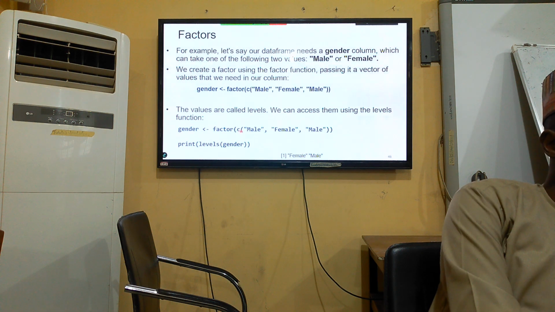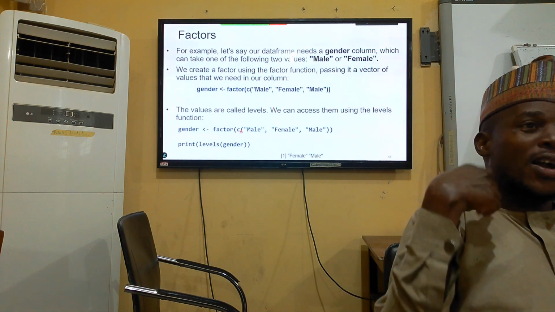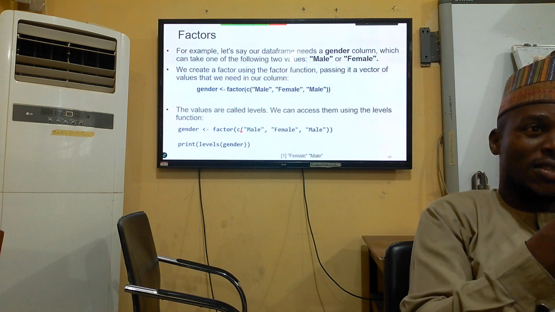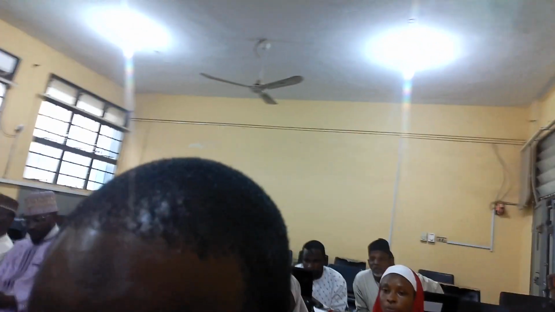In functions, we learned that whenever you call any function in R, as soon as you call it, you have an opening bracket and then a closing bracket, and whatever parameters you have go inside it, right? So we have here c, which is a function.